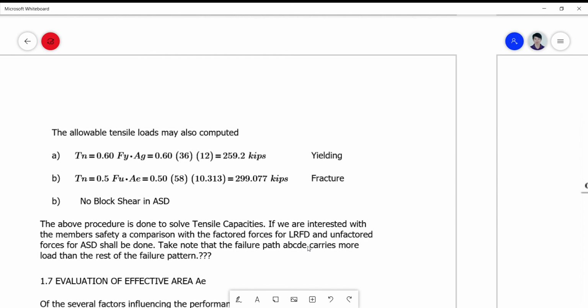I hope I have presented the procedure on how to analyze tension members using both ASD and LRFD. Thank you.